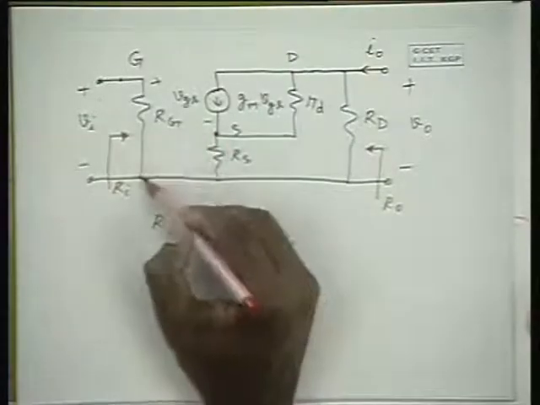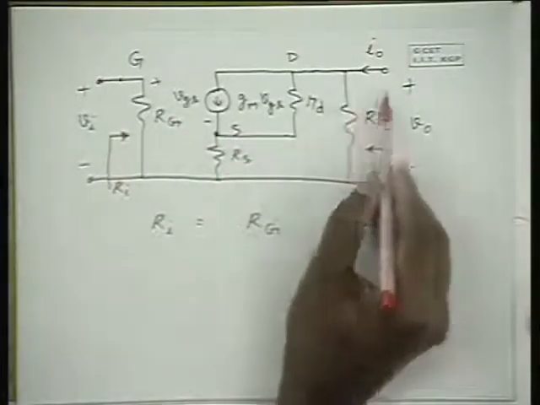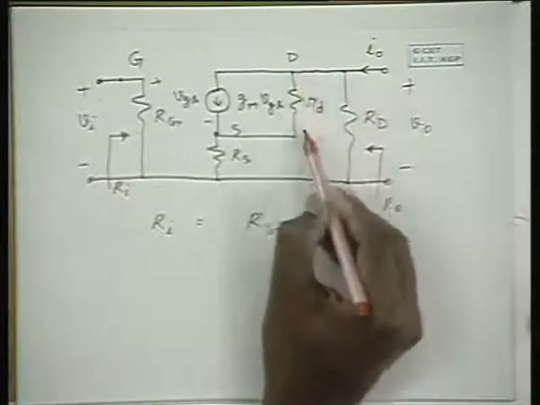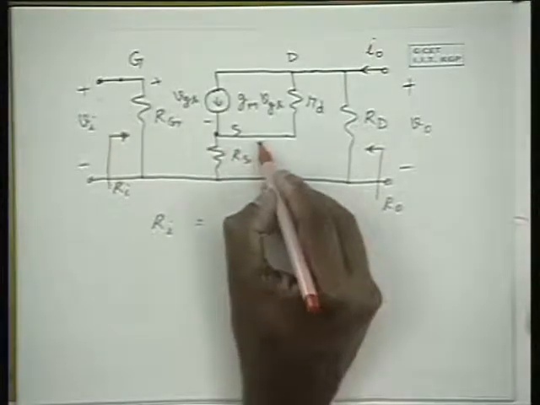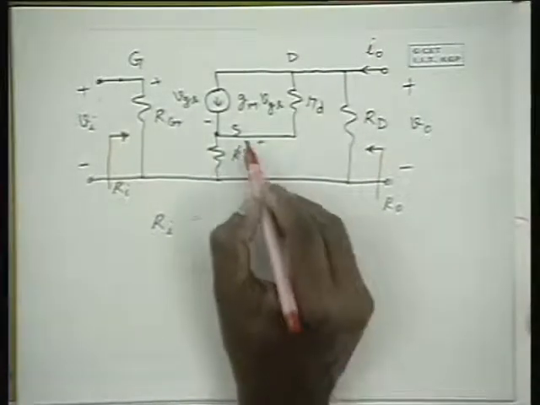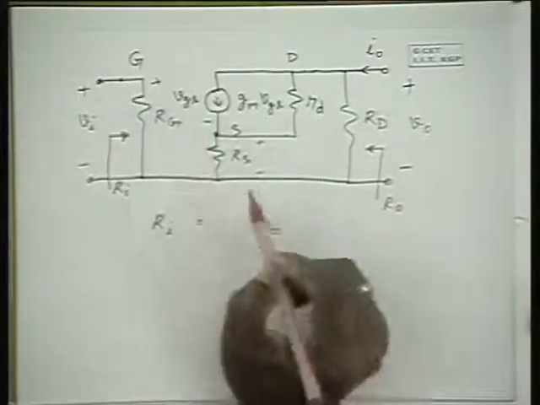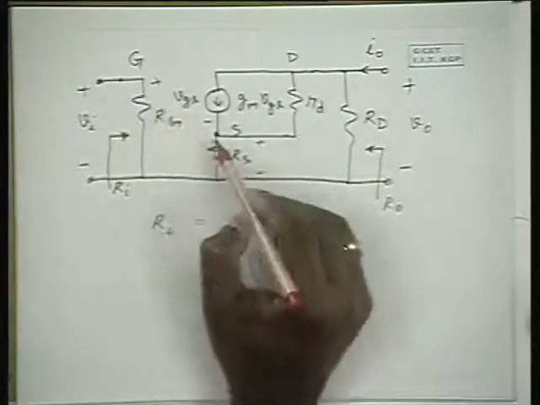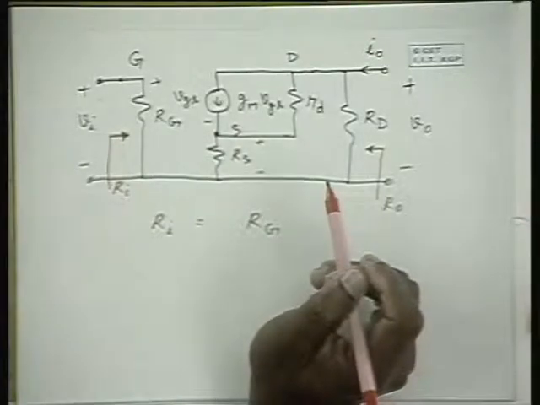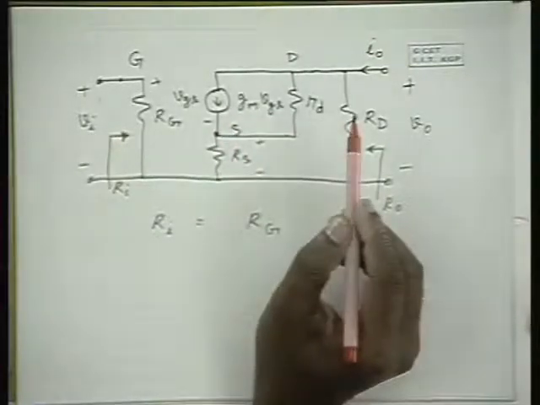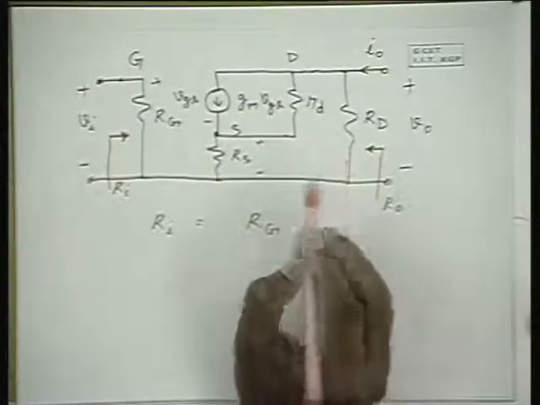The potential between ground and source is non-zero, because this source is connected and some current flows through this, and as a result there is some voltage drop here, and this voltage drop is equal to minus VGS, and VGS therefore is non-zero. And when VGS is non-zero, this current also comes into picture, and this is also non-zero. So let us now analyze this circuit.